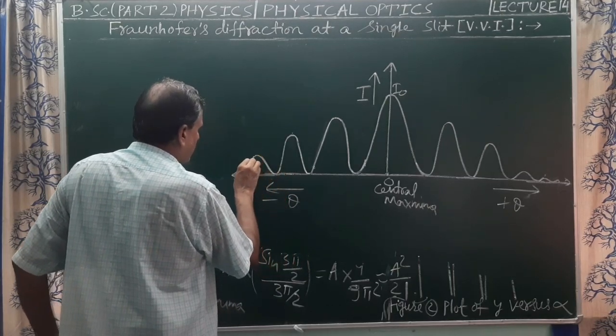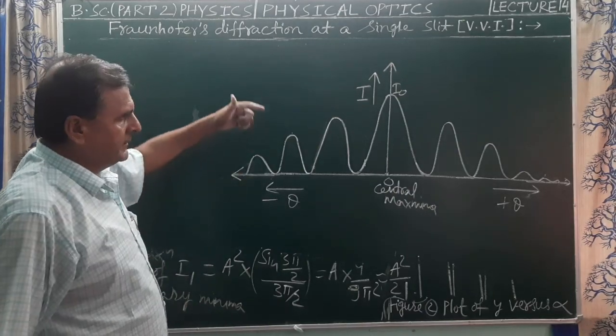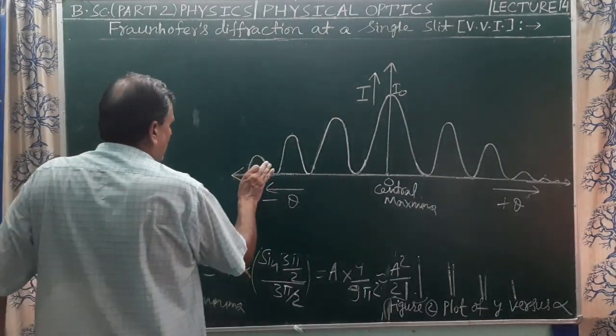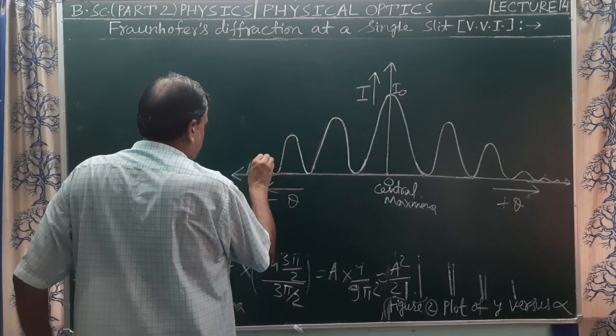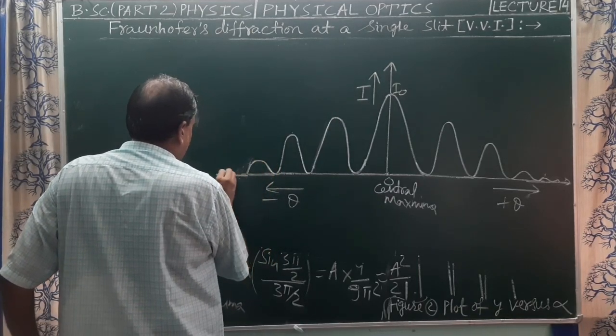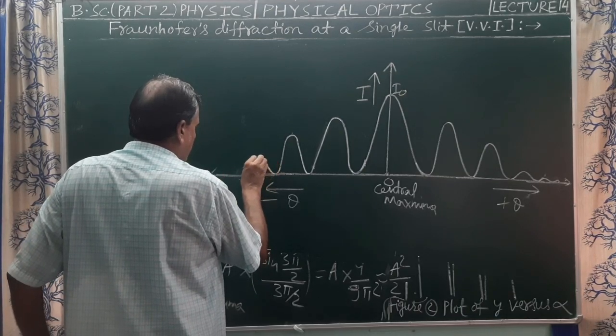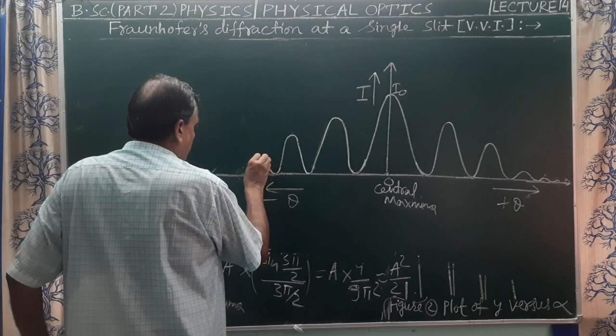Then the third secondary maxima will also be smaller than the second, and the intensity of light will be continuously decreasing as we go beyond the center of the screen.